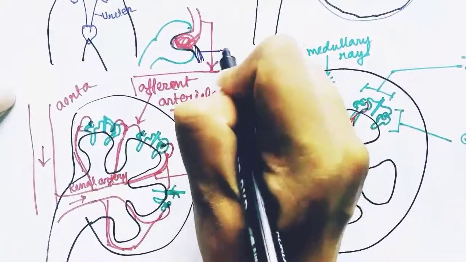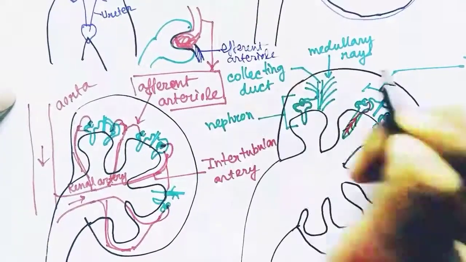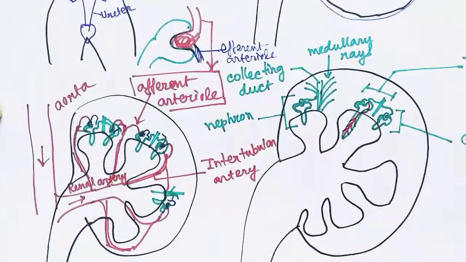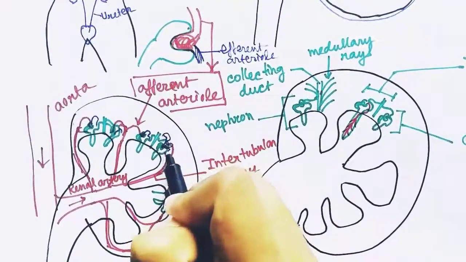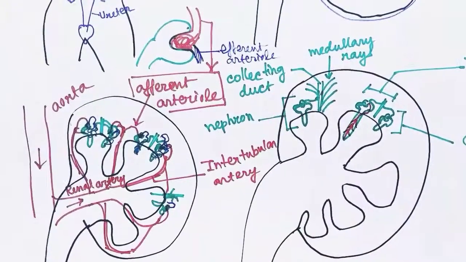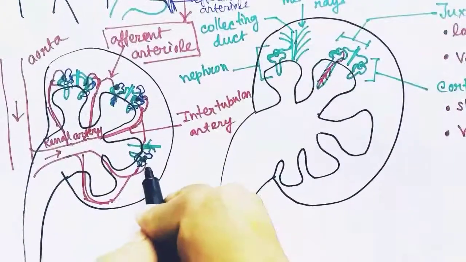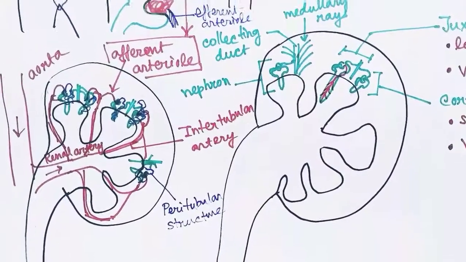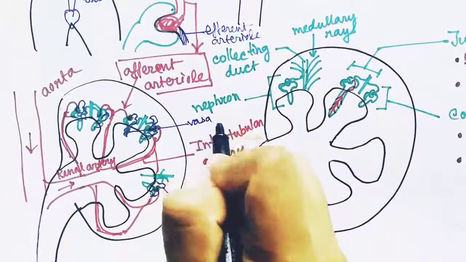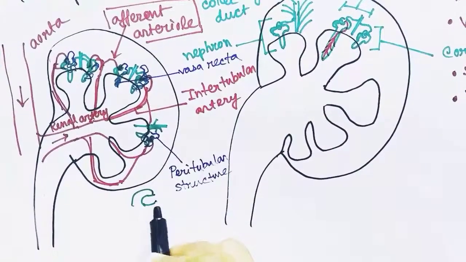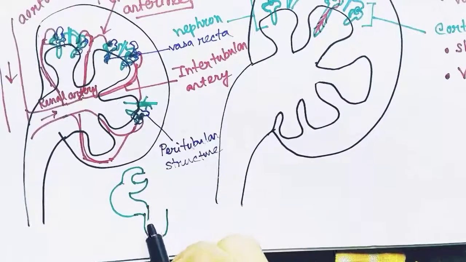The efferent arteriole coming out of the glomerulus will eventually cover the nephron for reabsorption and secretion. This structure is called peritubular structure. And the efferent arteriole can also form vasa recta, the straight vessel-like structure in the loop of Henle.